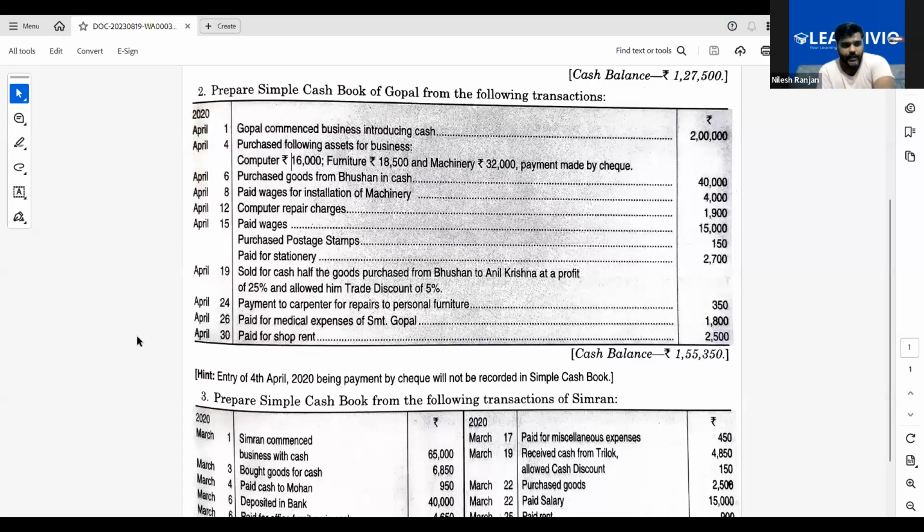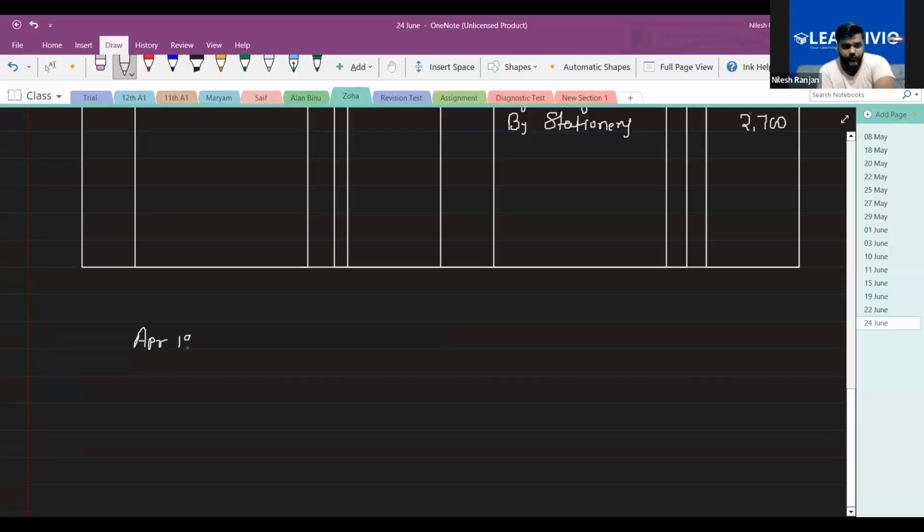It is the April 19th transaction. We have to do some working note here. 50% goods of Bhushan, 40,000 into 50%, so 20,000.